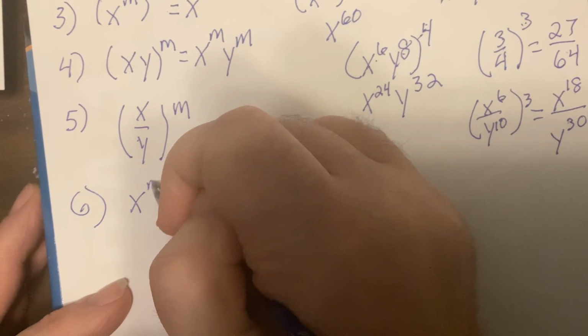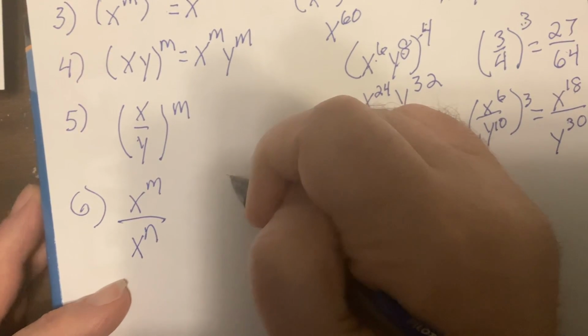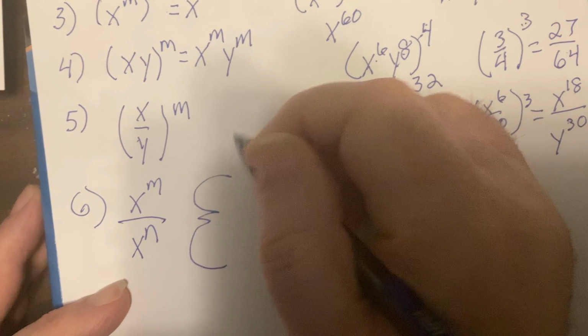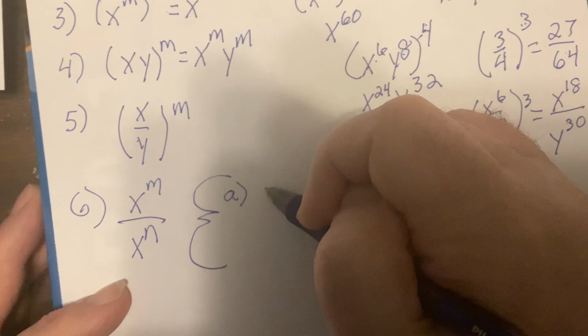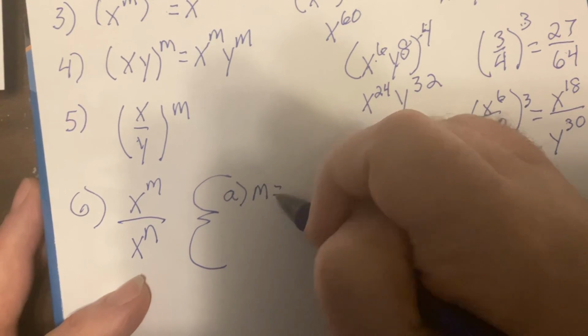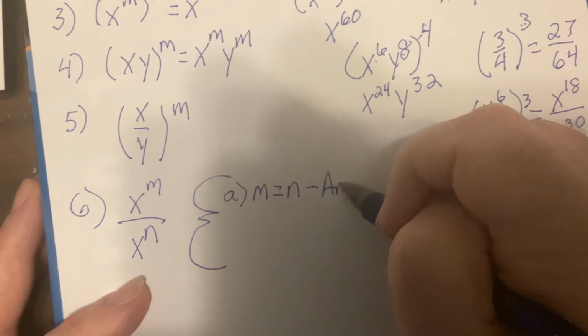It's actually 3 parts. What do you do when you're dividing two things with the same base? Well, part 1, or A, if m equals n, the answer is 1.